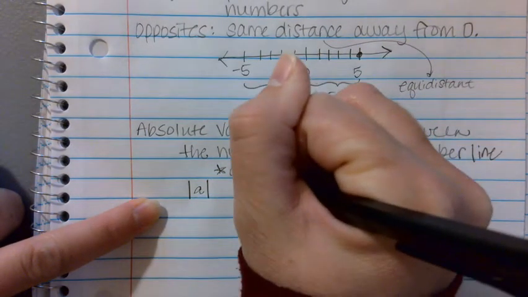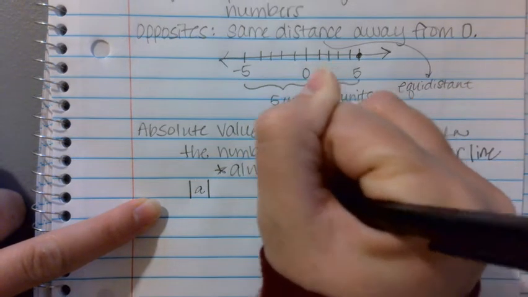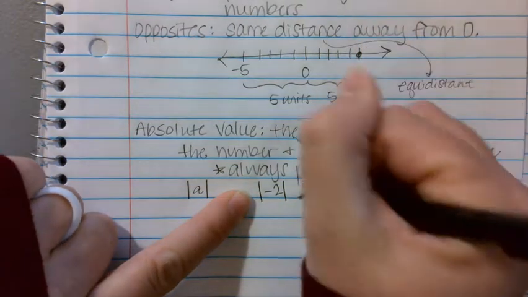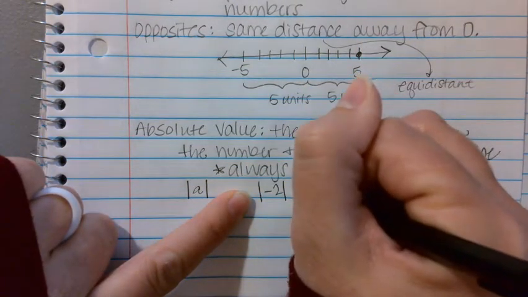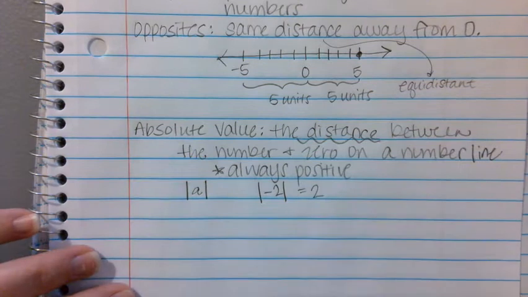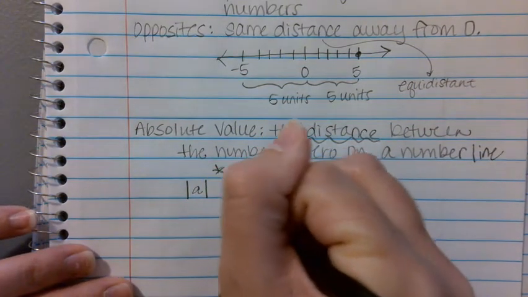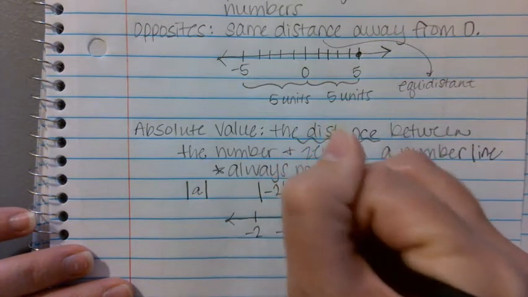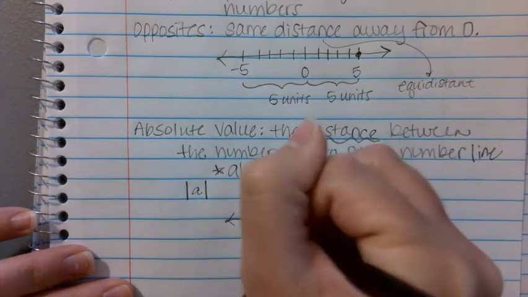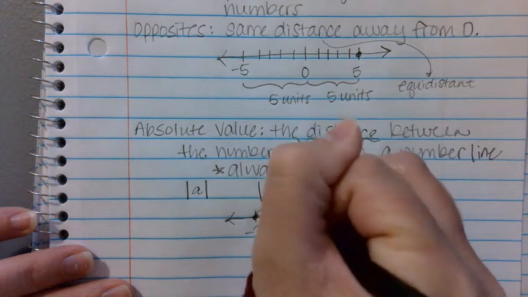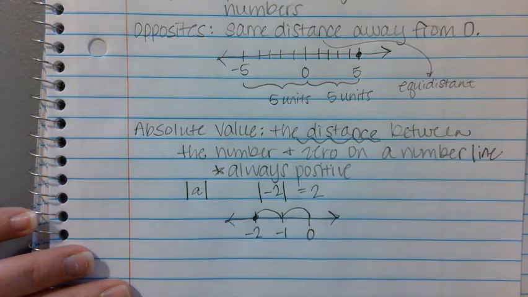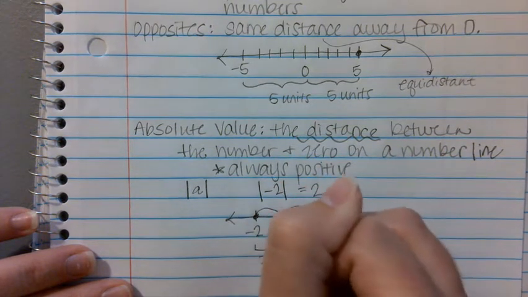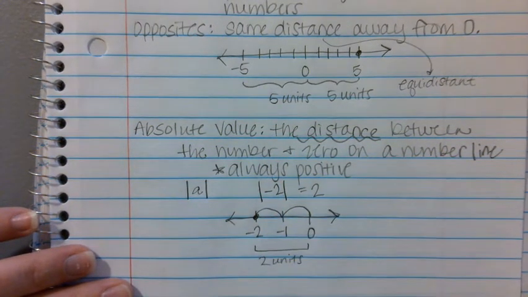Now, if we were finding the absolute value of -2, you would see it written with these two lines side by side, and the absolute value of -2 equals 2, because if you were to plot the point -2 on a number line, you would see that it's 2 units away from 0. So this distance is 2 units, which is its absolute value.